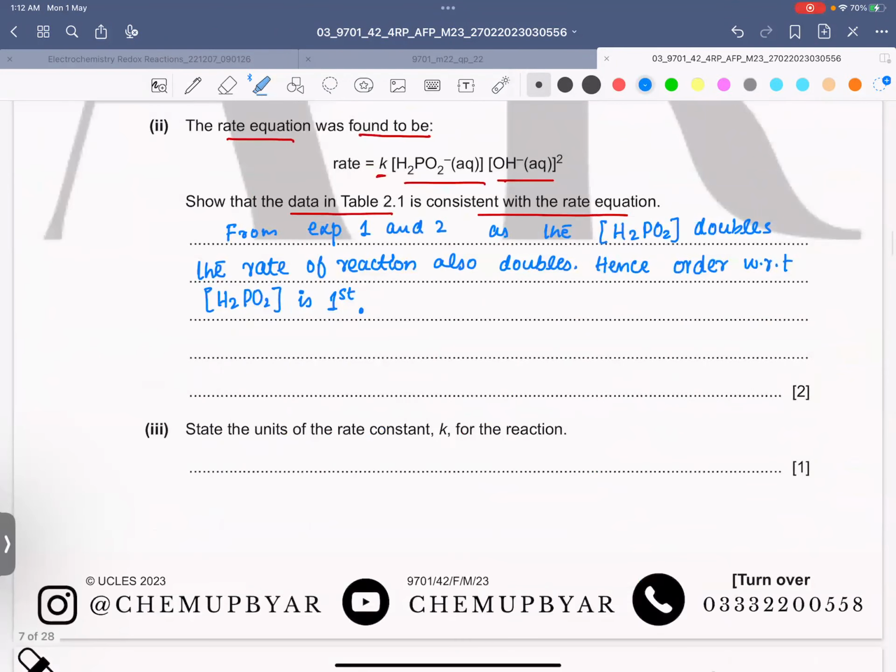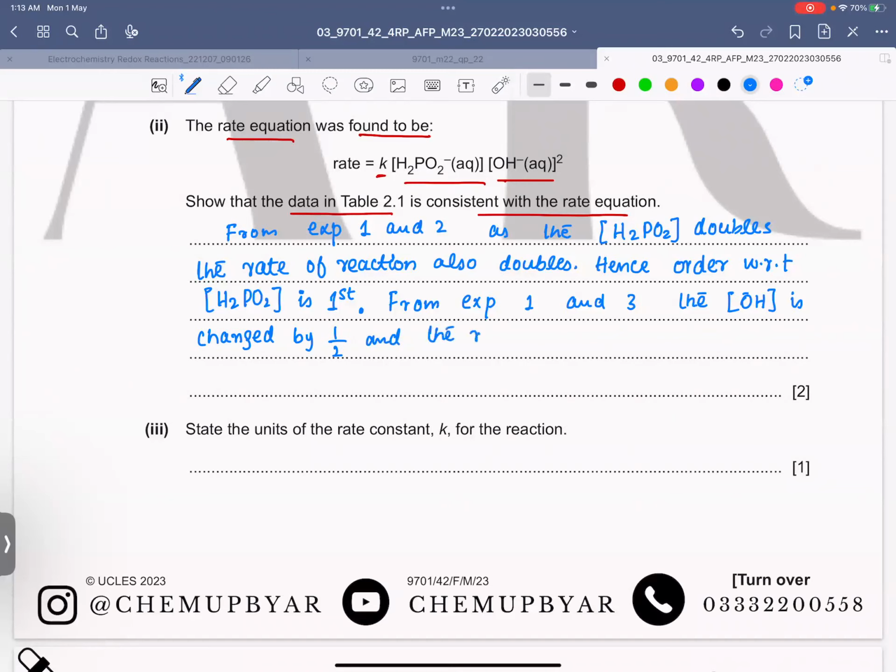So I can write over here that from experiments 1 and 3, the concentration of hydroxide ion is changed by 1/2, and the rate is changed by 1/4.